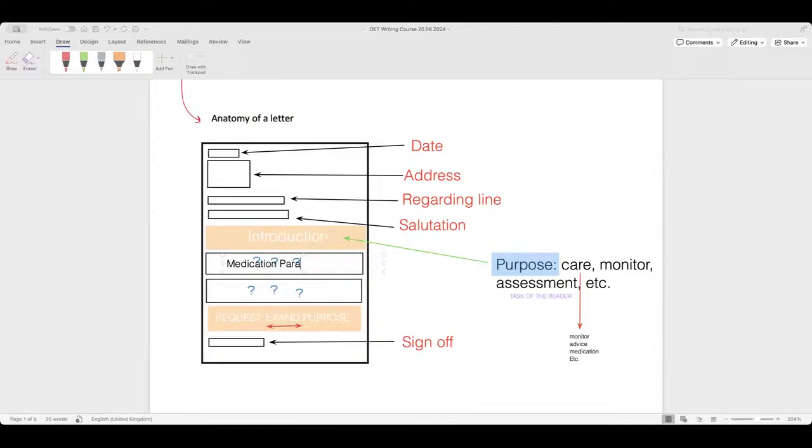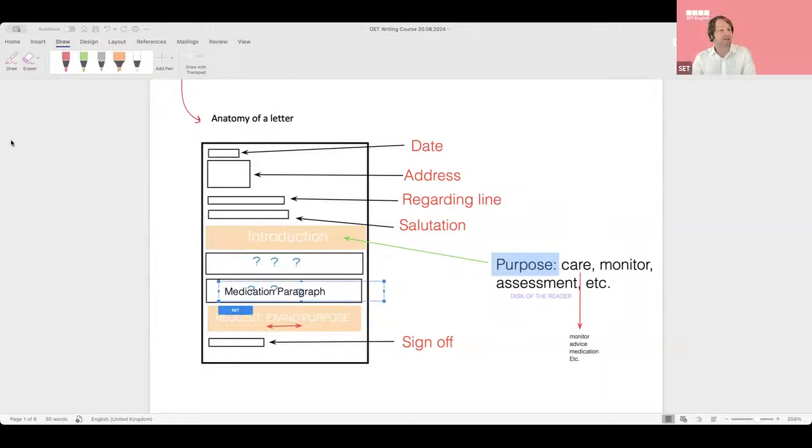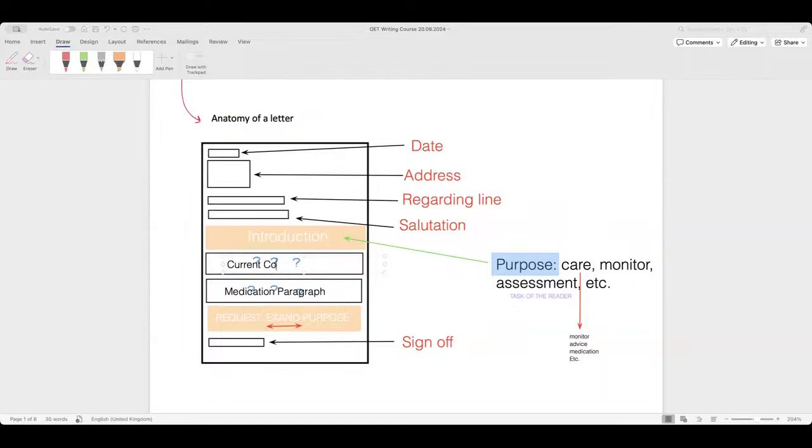What's the other type of paragraph we talked about yesterday? Timeline, background, medication, and current condition paragraph. One more as well: appointment. I've been teaching OET a long time. Usually you have timeline, background, current condition, medication, or appointments.